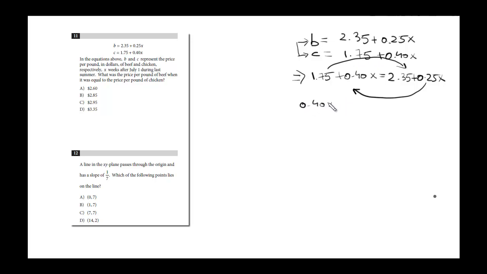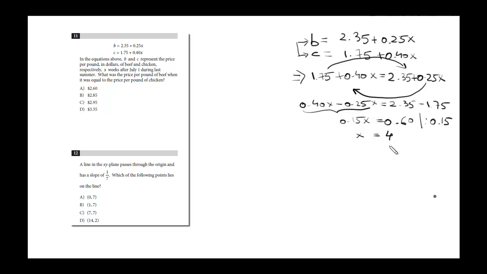So 0.40x minus 0.25x equals 2.35 minus 1.75. Therefore 0.15x equals 0.60. We divide both sides by 0.15, so x is going to be equal to 4. Okay, so it's the 4th week.